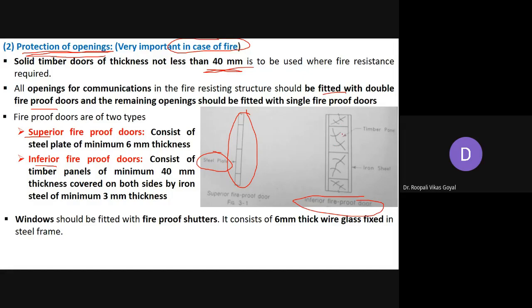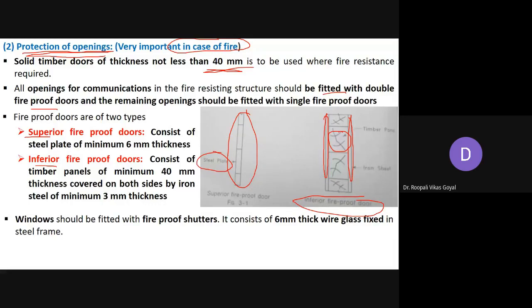Inside it is a timber panel of 40 mm thickness, covered by iron steel sheet. Okay, so 3 mm sheet can be provided on both sides, but in between there is timber. So that is the inferior quality of fireproof door. This will take care of the opening. If you are having a big industry where many people are coming, and you want to provide a proper fire resisting structure, then in that case the opening should be proper.